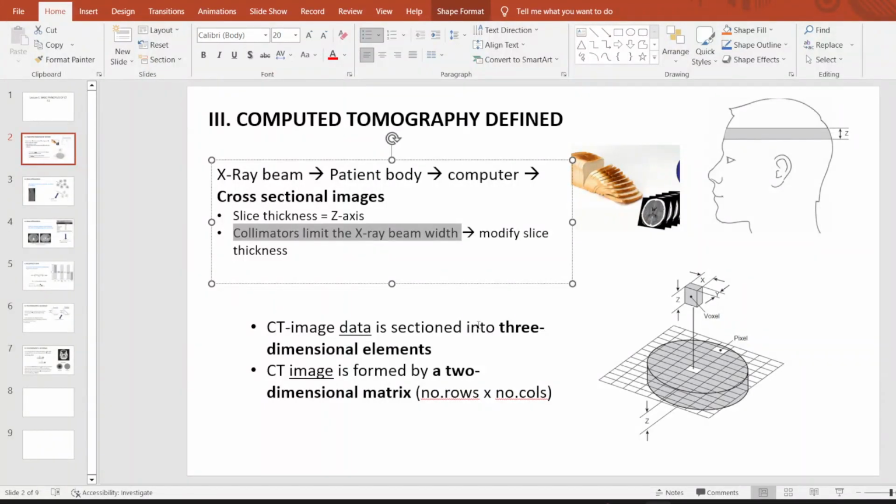The first one is the pre-patient collimator, which is set just behind the X-ray source but above our patient. And the second kind is the post-patient collimator, which is set behind, inferior to our patient, but just above the detector. Well, that's about the collimators and the slice thickness.